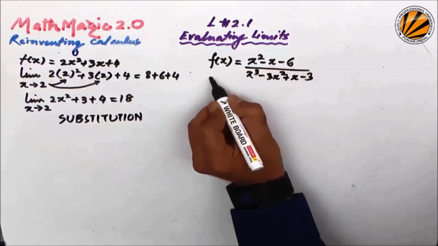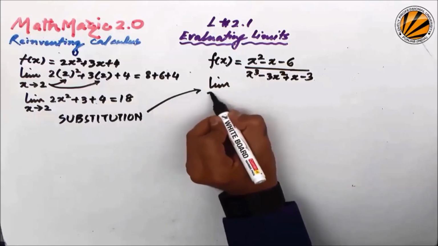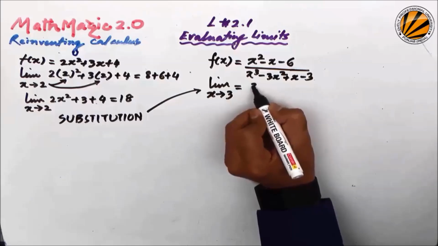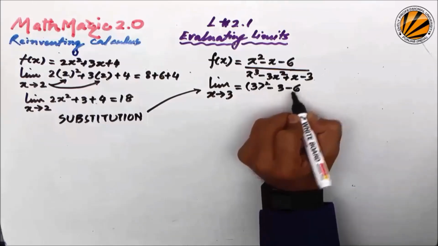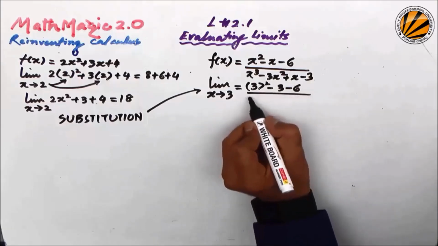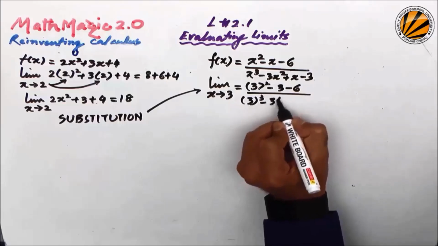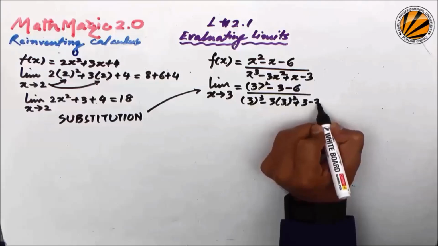If we try to do it in a similar fashion using substitution, where x is approaching 3, this becomes 3 square minus 3 minus 6 divided by 3 cube minus 3 square plus 3 minus 3.